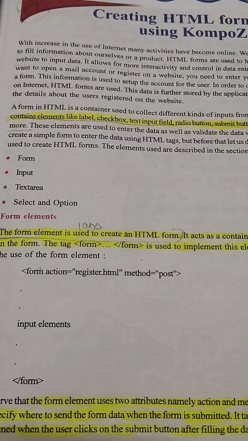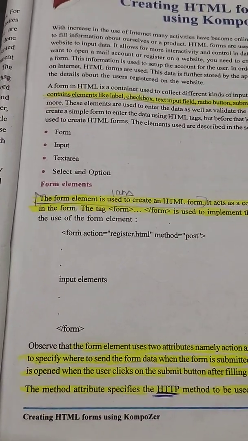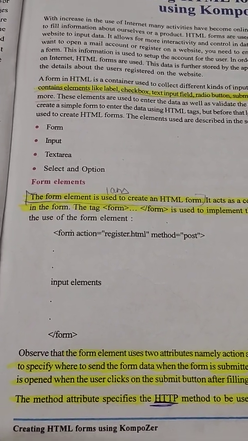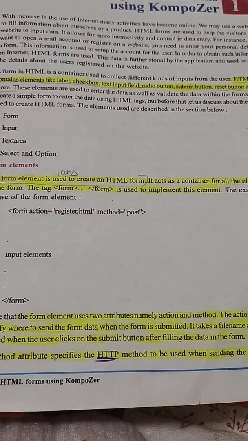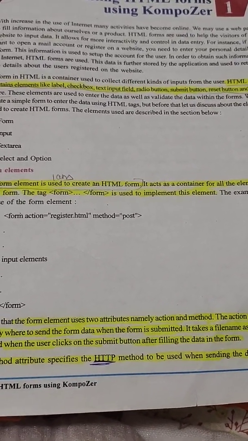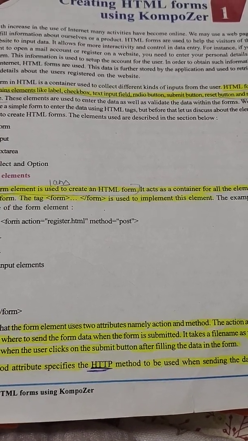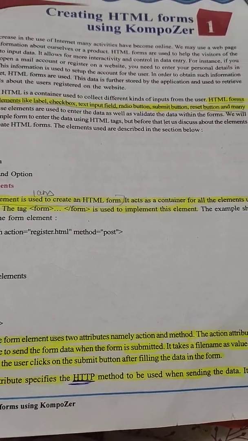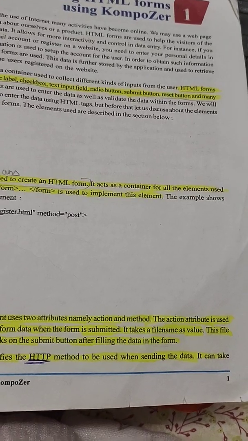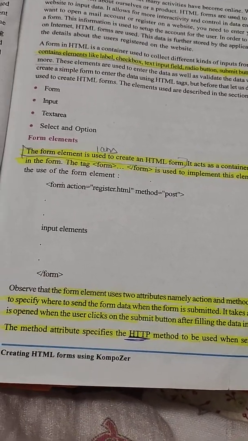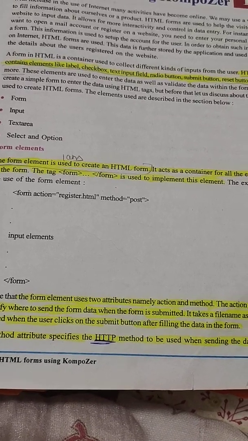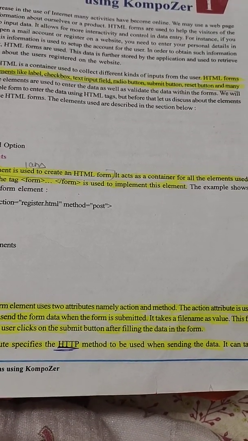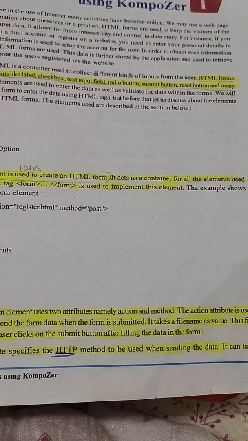So form: first the opening tag, then input elements, and then the closing form tag. The form element uses two attributes, namely action and method. Action is the thing which we are doing, and method is the processing which it takes. The action attribute is used to specify where to send the form data when the form is submitted. It takes a file name as value.